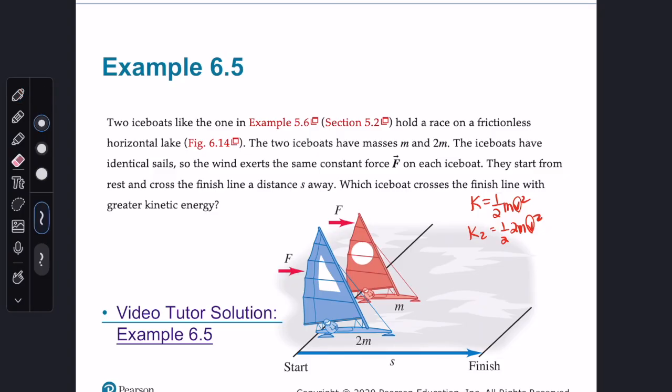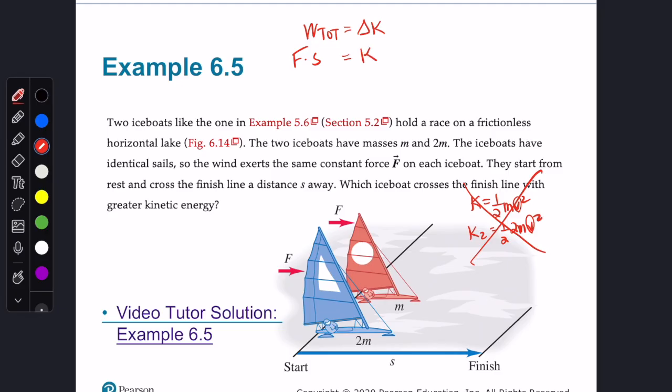But if you take a look at the work energy theorem, which states that the total work done on each boat is equal to its change in kinetic energy. Well, if they both start off with no kinetic energy, and then they end with F dot S total work done, then they end with the same kinetic energy. Why?